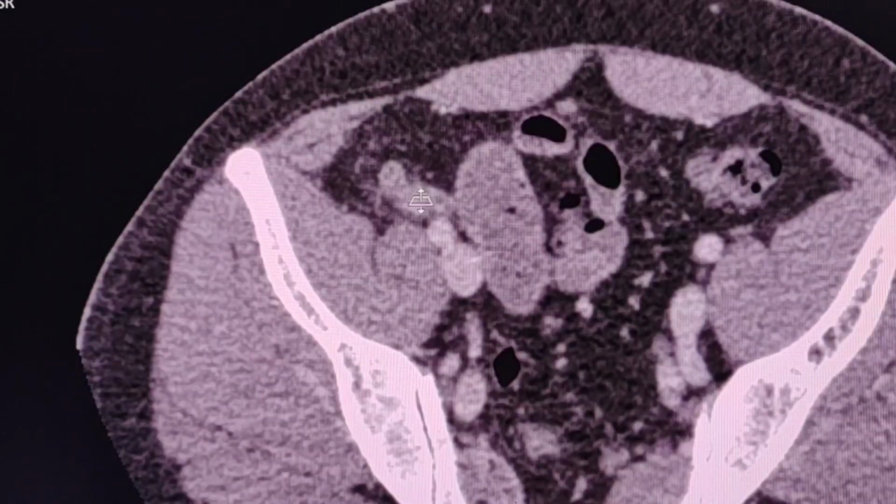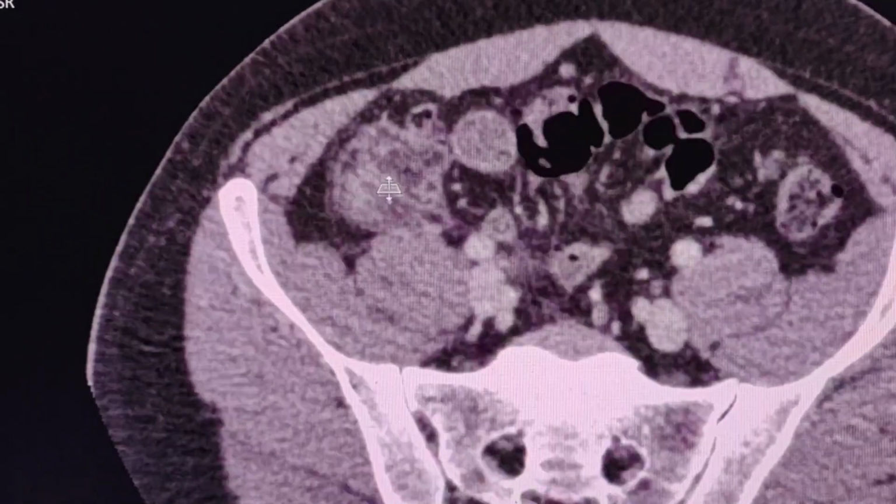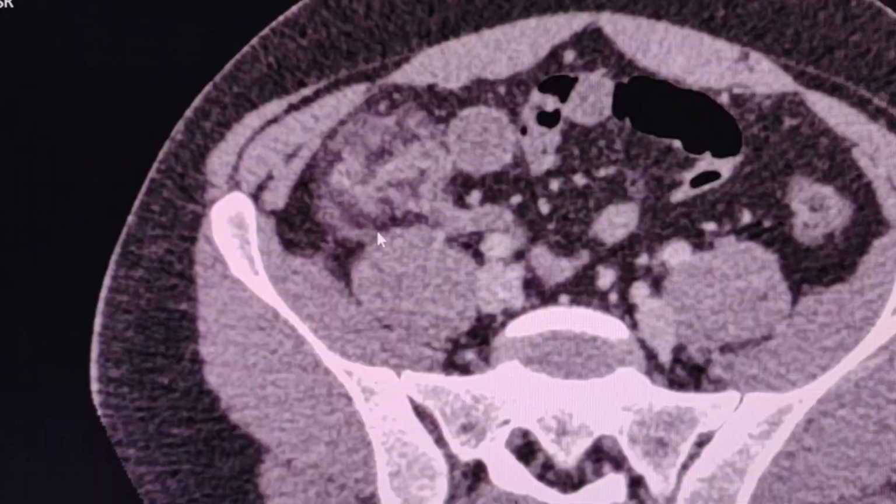As for the fat stranding, it is more prominent around the cecum, particularly in the posterior and lateral aspect of it.